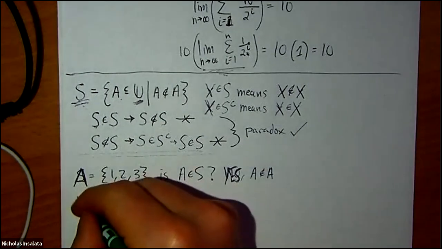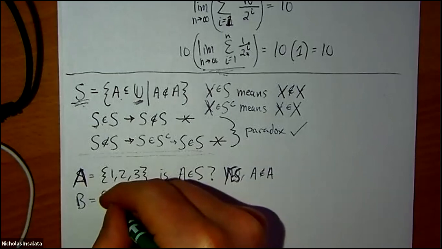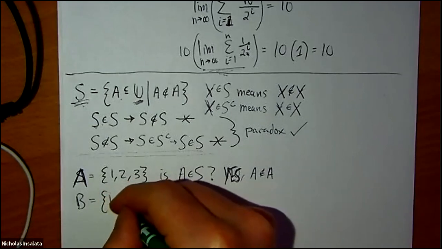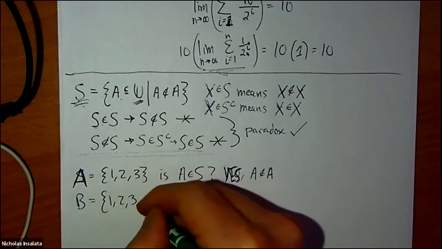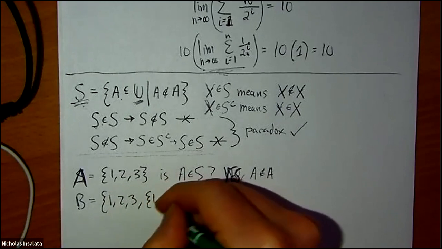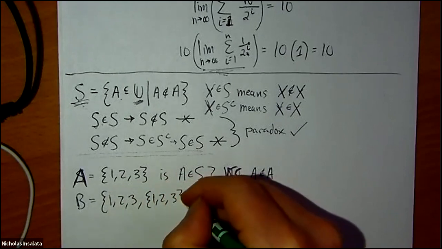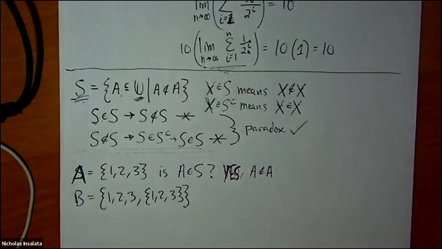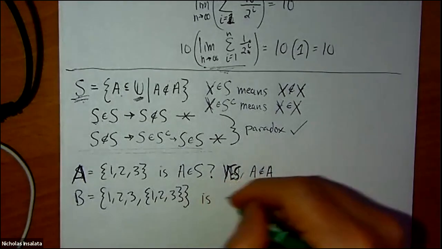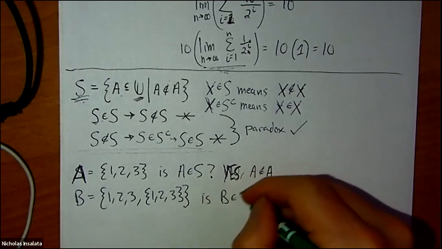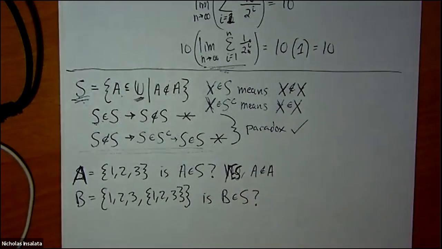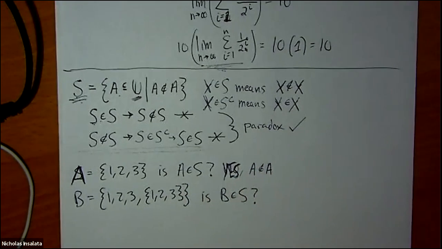What about B? B is this set: {1, 2, 3} and the set {1, 2, 3}. So now B is a set of sets, okay? Is B an element of S? Yes. Why?